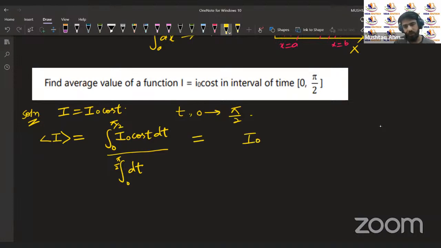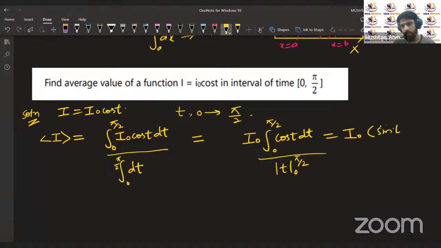So I naught is a constant here, it will come out of the integration, and we'll integrate cos t between 0 to pi by 2, and the integration of dt with respect to t will be t, with the limits 0 to pi by 2. We know the integration of cos t is sin t between the limits 0 to pi by 2, upon pi by 2 minus 0.